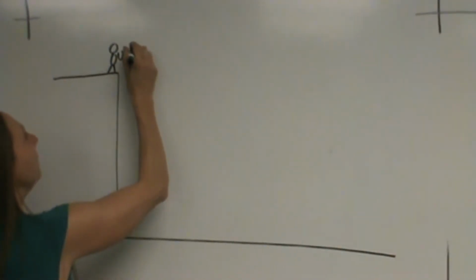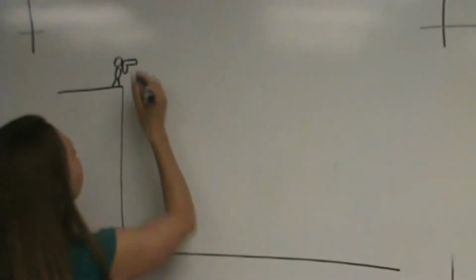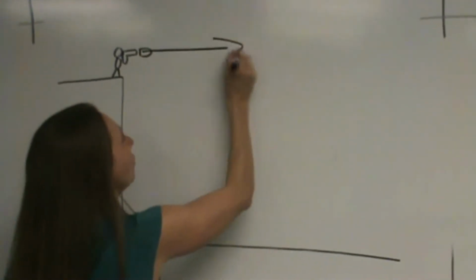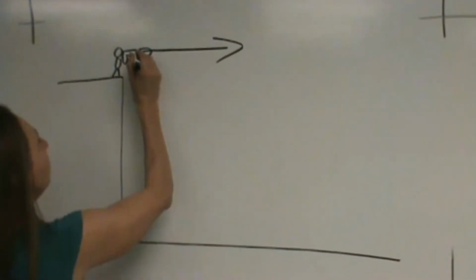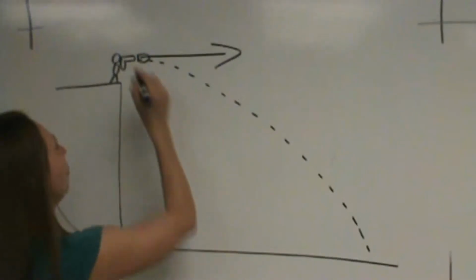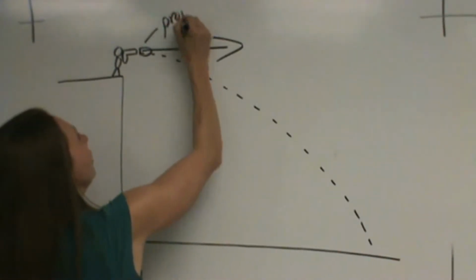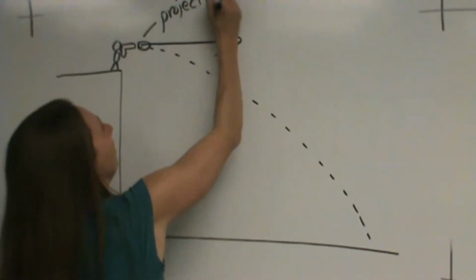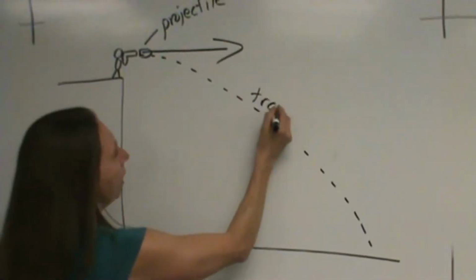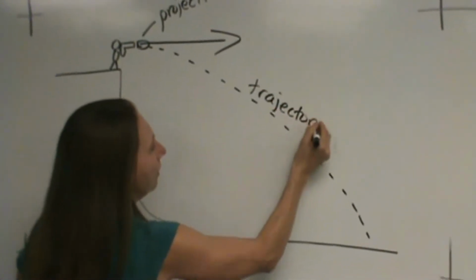This guy has a gun, and the bullet is fired horizontally. It immediately starts to fall down, so the bullet is the projectile. The path that the bullet follows is the trajectory.